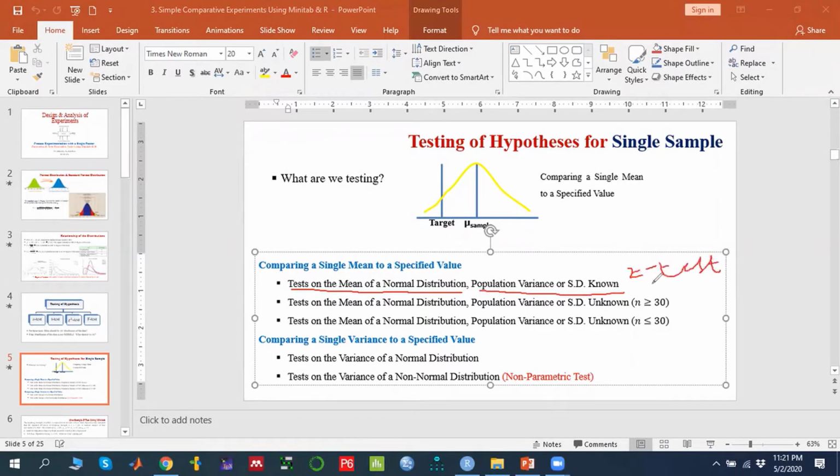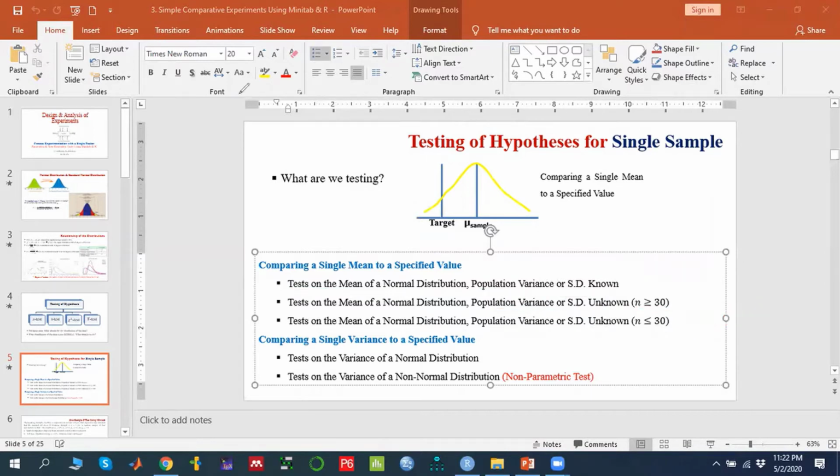If the sample size is greater than 30 but the population standard deviation is unknown, we can still apply the z-test. But if the population standard deviation is unknown and the sample size is less than 30, we can apply the t-test. So this is theoretically speaking, but practically speaking, whenever the population standard deviation is unknown, we can apply the t-test.